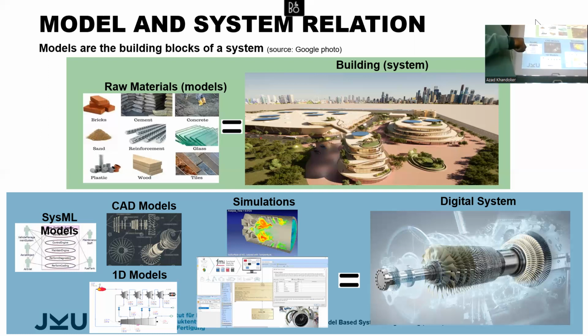And here you can see there are different types of models we need to deploy a system. Let's say here SysML models, CAD models, 1D models, simulation models. FMI is actually a model exchange interface. You can exchange different models in their network, and they support a good number of modeling tools.